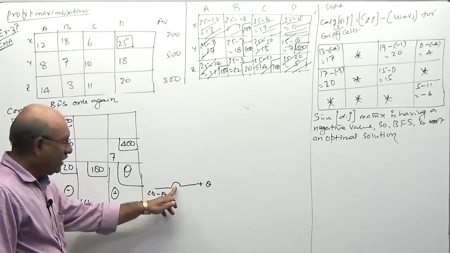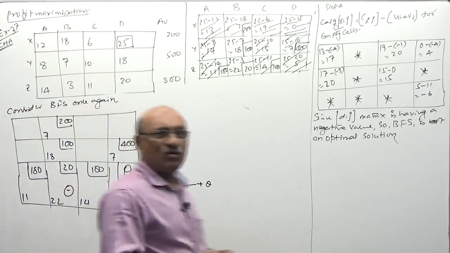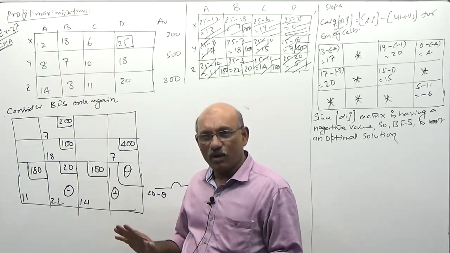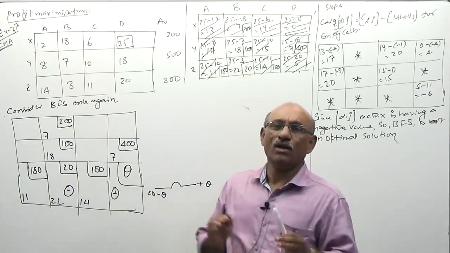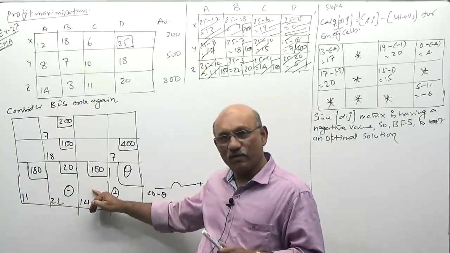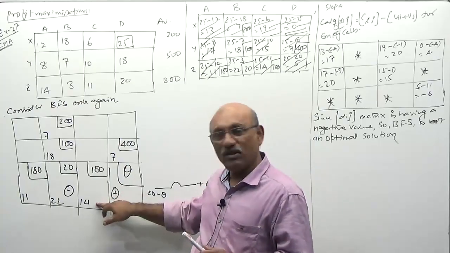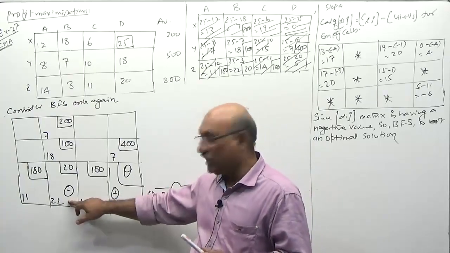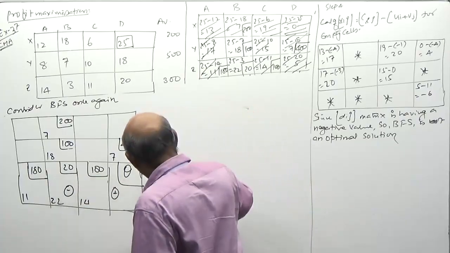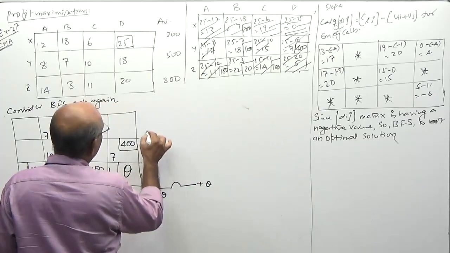Speed breaker symbol. This occupied cell is skipped by us. If you don't want, you can skip one of these occupied cells, no problem. It is not compulsory that you have to move from one occupied cell to another occupied cell. Anyway, you are moving horizontally. By skipping this occupied cell also, you can reach this particular cell. And after reaching this cell, I am moving vertically, sir. It is 100 plus theta.